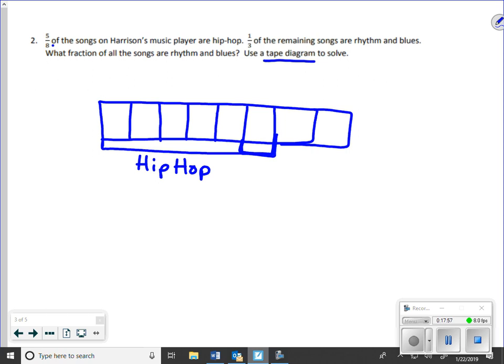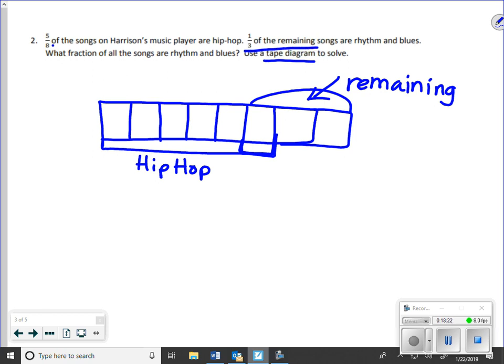So this is the remaining. So you have to watch that: of the remaining. Okay? So there were 3 pieces in the remaining. Are you seeing what the problem was telling you? There were 3 left. 1/3 of the remaining.